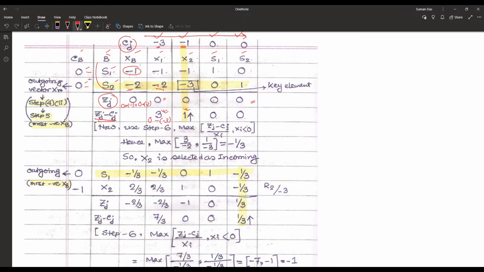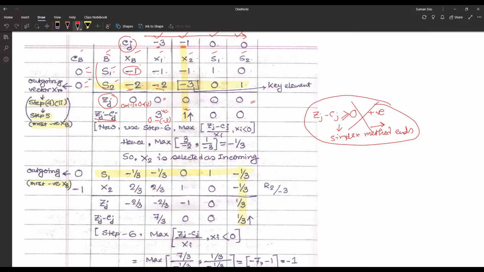Now memorize the simplex method. In the simplex method, if all the Zj minus Cj are greater than or equal to 0, that means positive, the simplex method ends. Simplex method ends here, and we can find the basic feasible solution. But in the dual simplex, that is not the case.